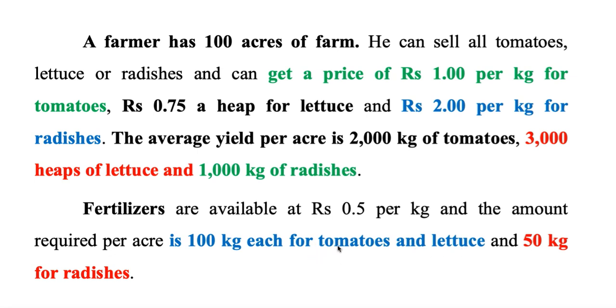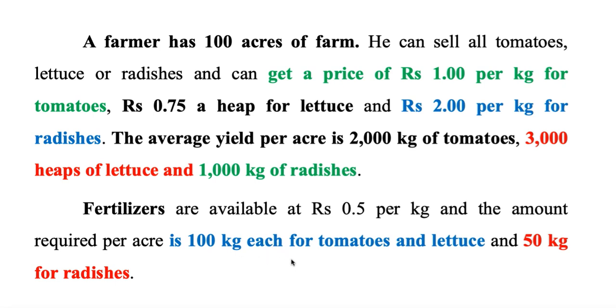Here, the total area under cultivation for tomatoes and lettuce is x1 and x2. That means on x1 and x2, how much fertilizer do we need? We need 100 kg of fertilizer per acre.